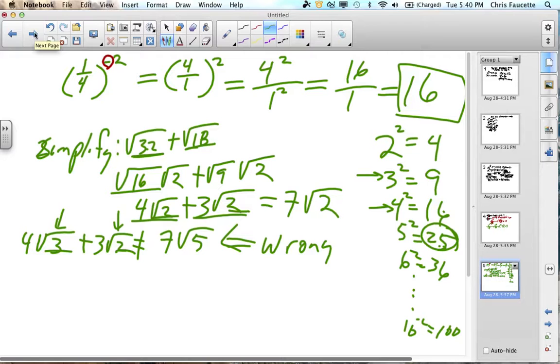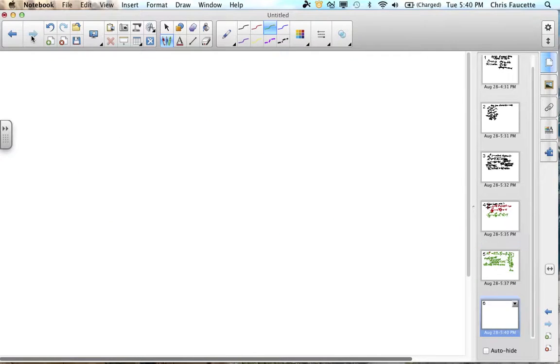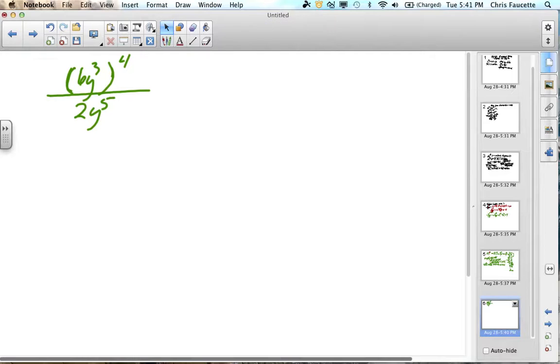All right, next thing. We want to simplify and eliminate negative exponents. And I've got (6y cubed) to the 4th over 2y to the 5th. So the first thing I'm going to do is eliminate my parentheses. This is something you guys are used to doing and should be comfortable with.